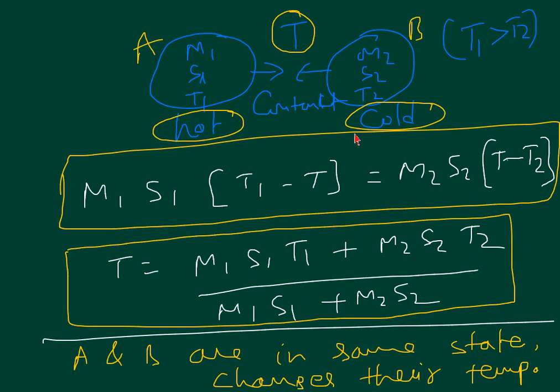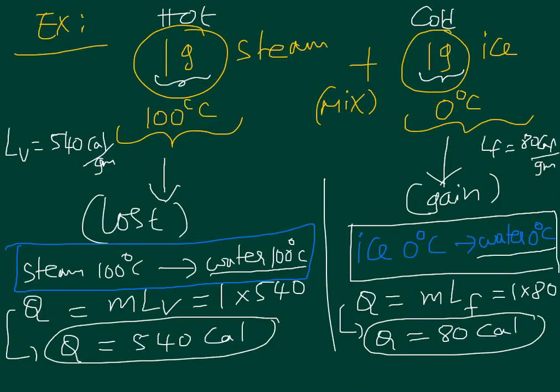This formula is applicable only when the two bodies are in the same state and only their temperatures are changing, either both liquids or both solids. Then we can use this formula. But here it is not like that. In this case, we have to calculate these conversions.